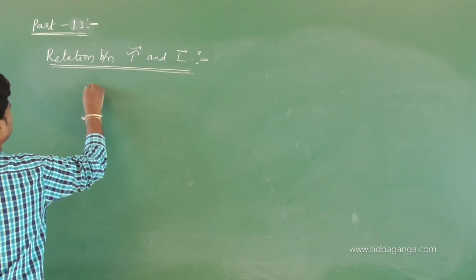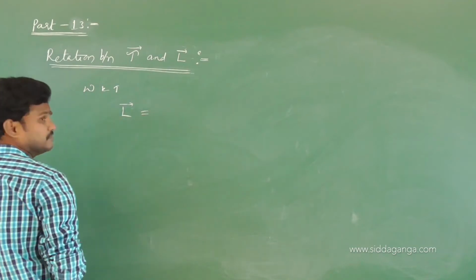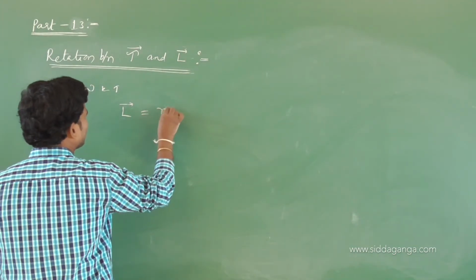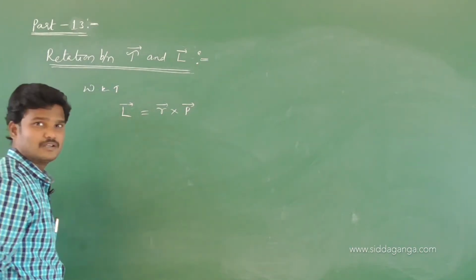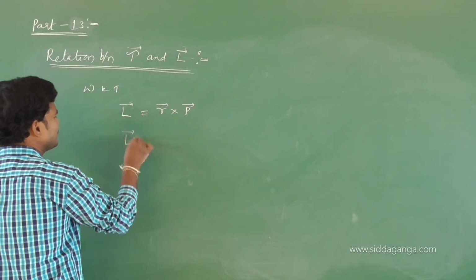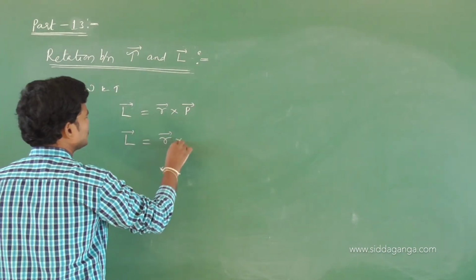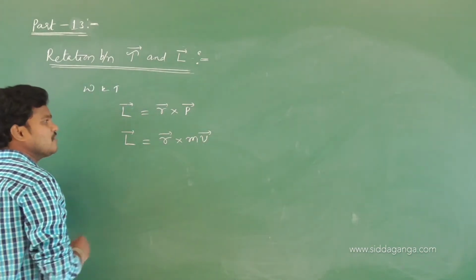Now let us get. We know angular momentum is, what is angular momentum? R cross P. Let me derive in a mathematical way. So L bar we can write as R bar cross P, nothing but M V bar. M is a constant.